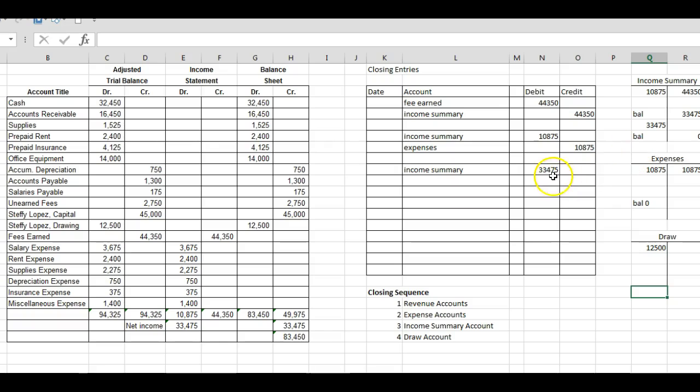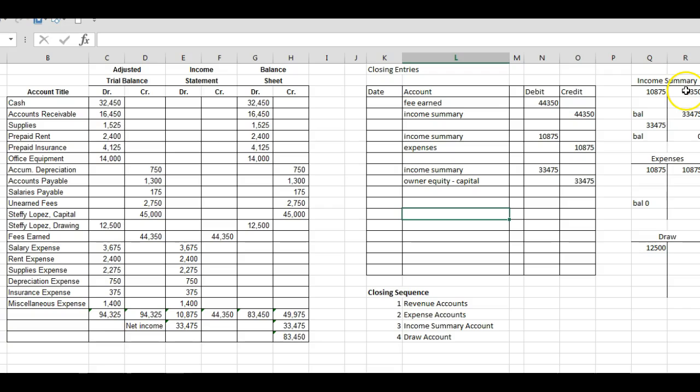And what do I do with that? Well, what account needs that? Isn't it true that the capital account right here needs to be increased? This is how we get our net income into that owner's equity account, or capital account, as they call it. So that now gets credited for $33,475.